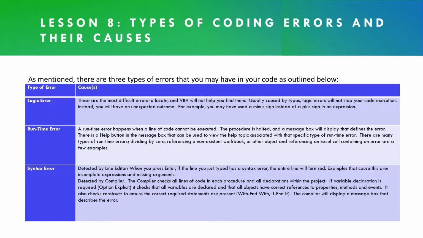If variable declaration is required, and we have Option Explicit going there, it checks that all variables are declared and that all objects have correct references to properties, methods, and events. It also checks constructs to ensure the correct required statements are present. So when you have a With block, you need End With. When you have If, in most cases, you need End If. The compiler will display a message box that describes the error if it finds a syntax error.